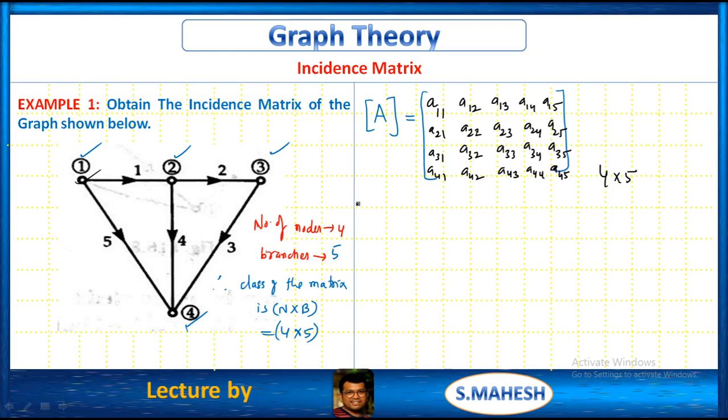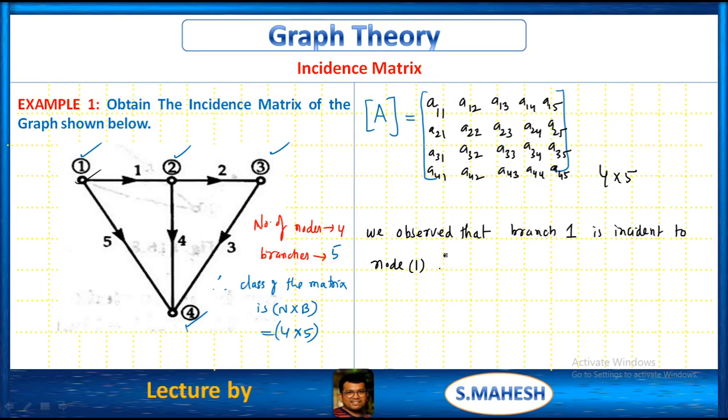How can we write? We can write. We observed that branch 1 is incident to node 1, right?